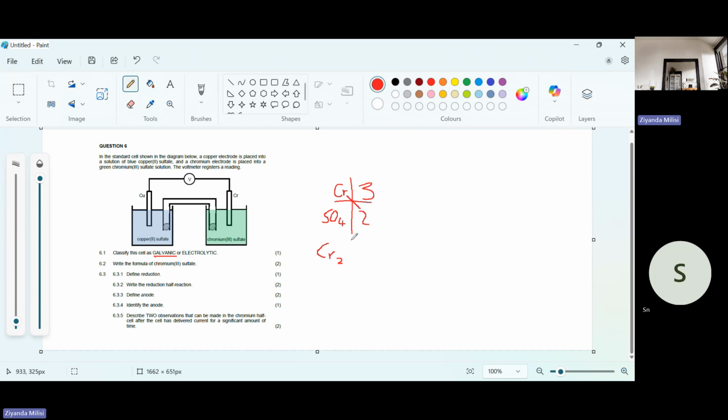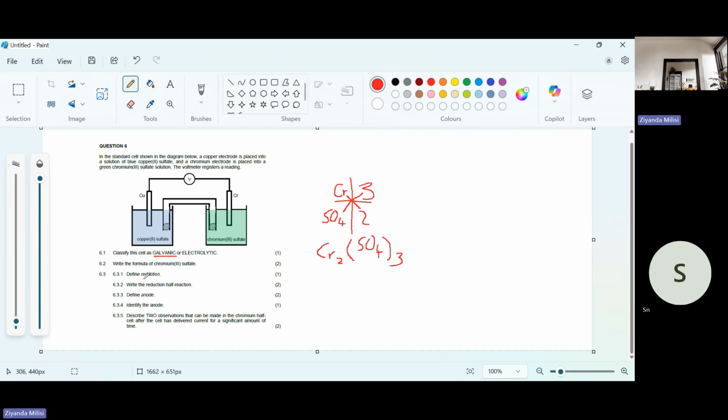SO4 times 3, bracket SO4, bracket 3. That is the formula for chromium trisulfate. Everyone? Yes.